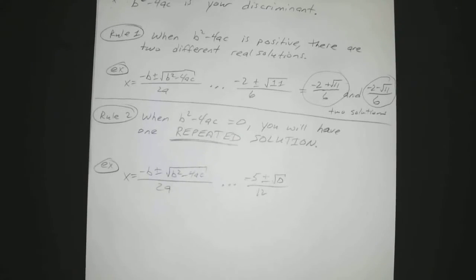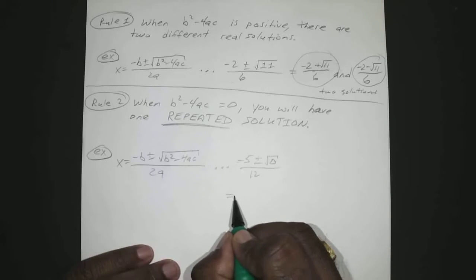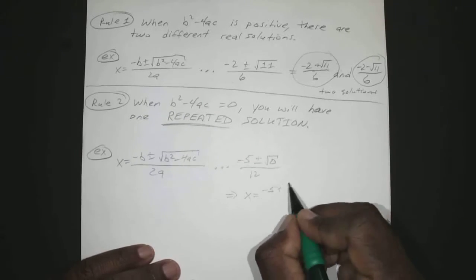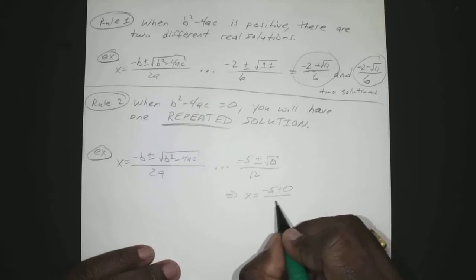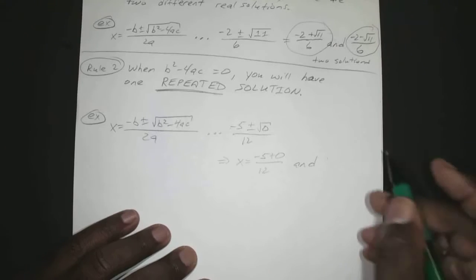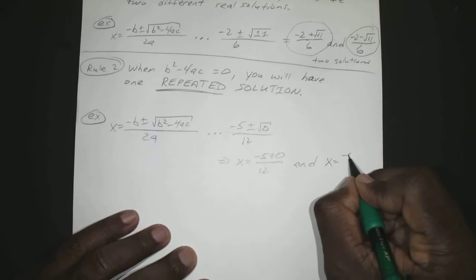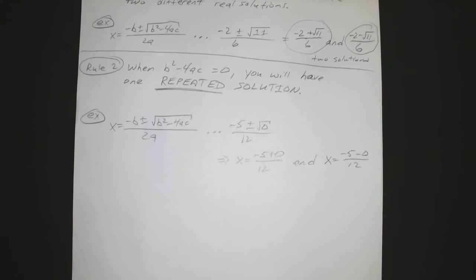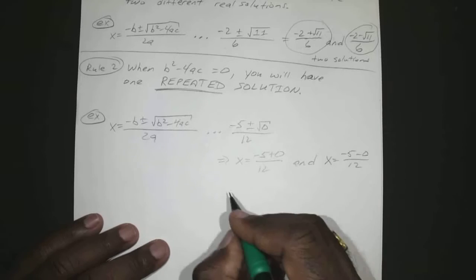Then what you're going to end up with is x equals negative 5 plus square root of 0 is 0 over 12, and x equals negative 5 minus 0 over 12. So it's just negative 5 over 12, negative 5 over 12.